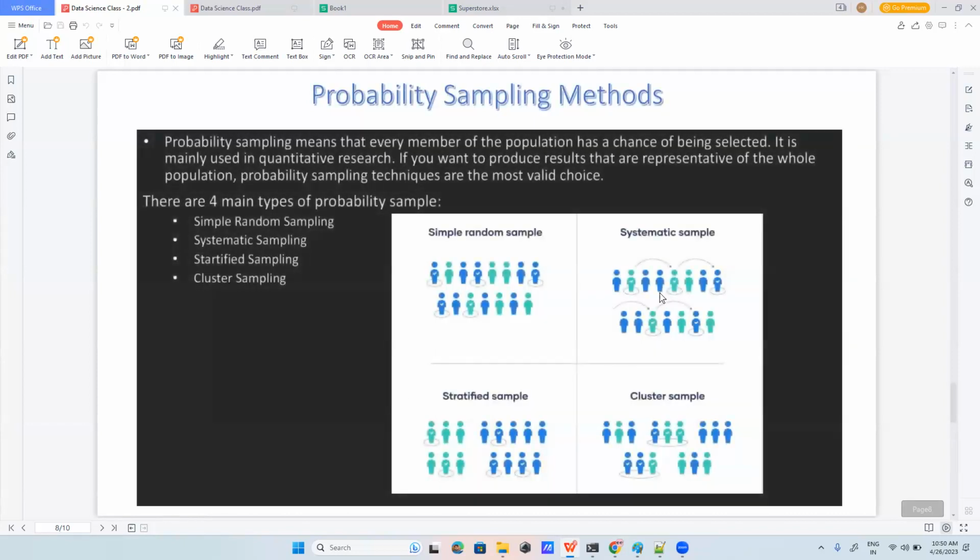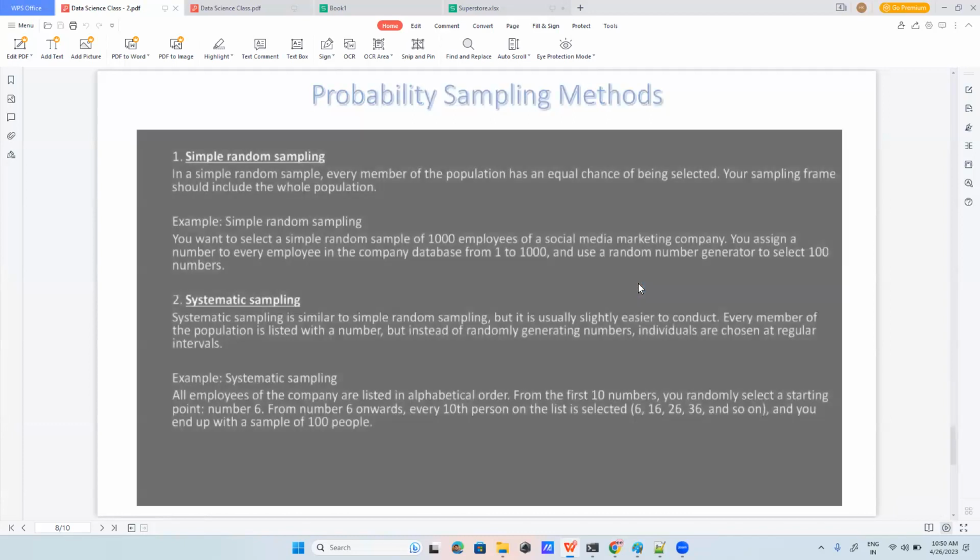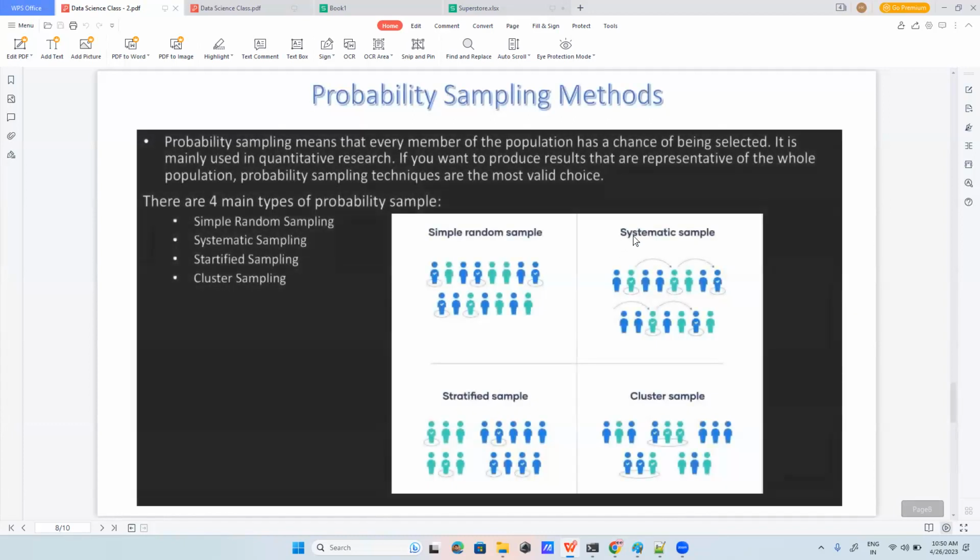From the picture, irrespective of gender and age, we select the people in systematic order, like first person, third person, fifth person, that means odd order, or even order, or first person, 6th person, 11th person, 16th person, like that.